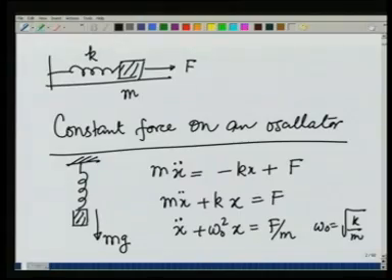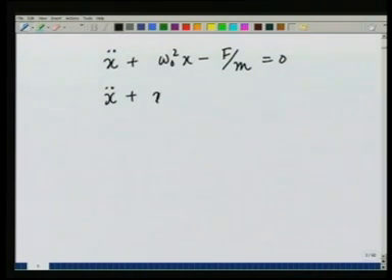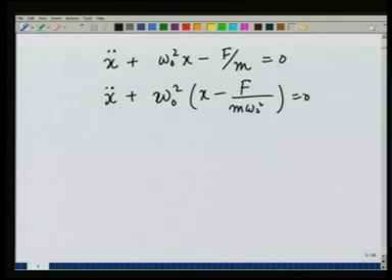I bring F over m to the left hand side and write this equation as x double dot plus omega 0 square x minus F over m is equal to 0, which can be written as x double dot plus omega 0 square times x minus F over m omega 0 square is equal to 0.